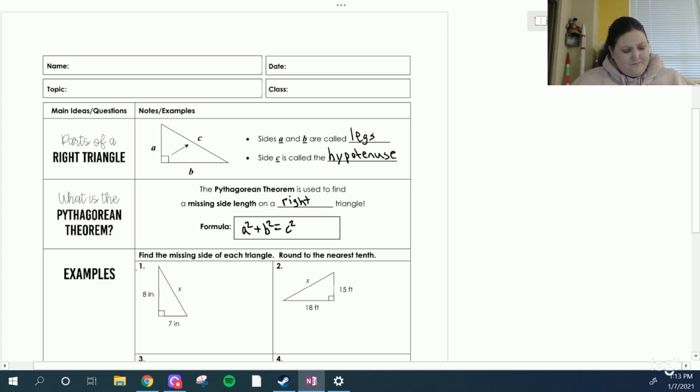So in this problem, I have A is 7, B is 8, and C is x. I'm going to plug those into my formula right here and solve it to find the missing side length of the hypotenuse. So I get 7 to the second power plus 8 to the second power is equal to c squared, or x squared in this case.